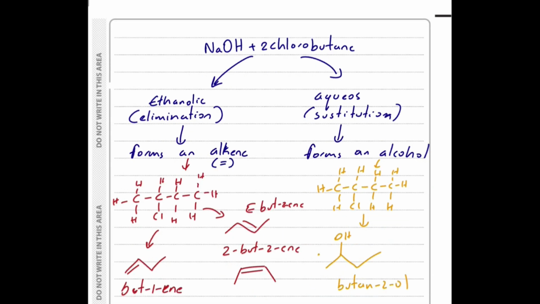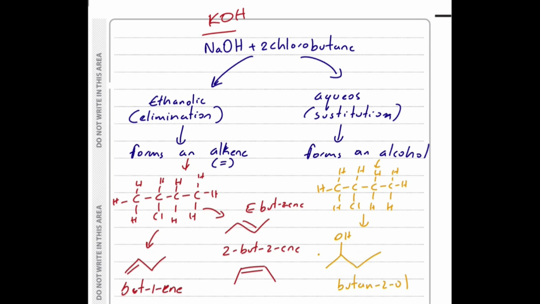I have given here a flow chart, so you can easily get an idea about this question, right? So NaOH plus 2-chlorobutane. First of all, most students become frustrated with this sodium hydroxide because they have studied this part using KOH, right? But NaOH and KOH have almost the same properties.